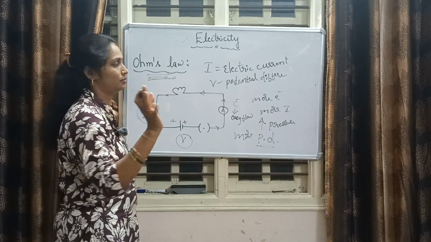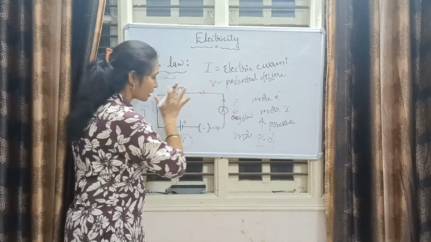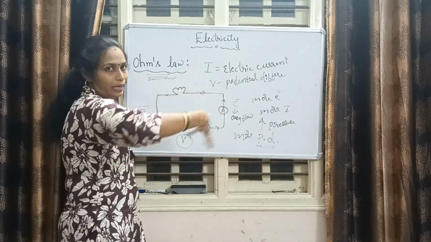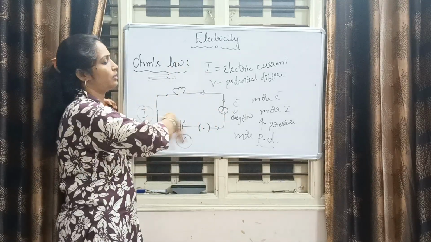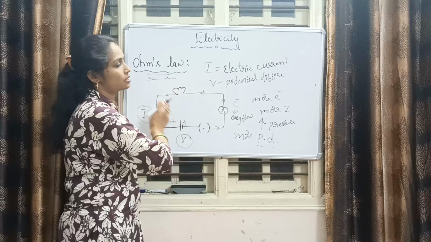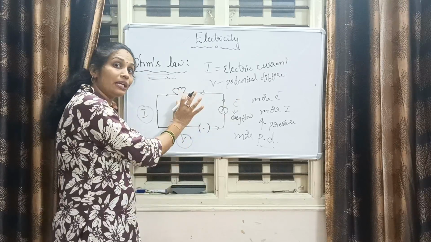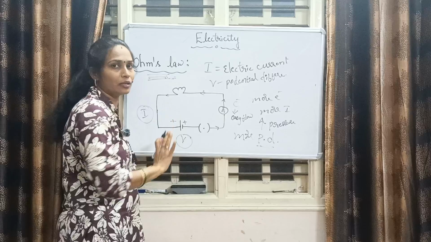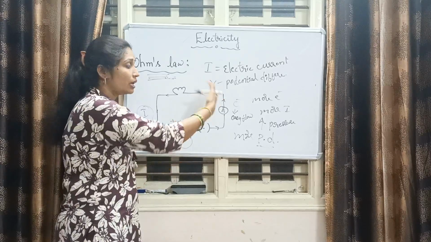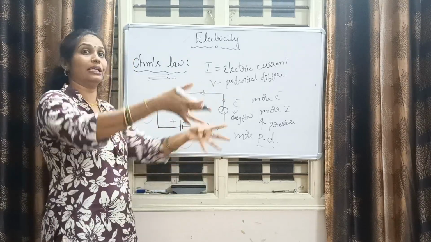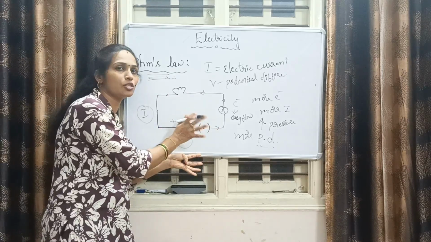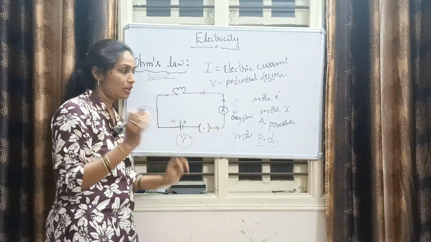What I am telling you, let me explain one more time. In a given circuit, if it liberates more electrons, definitely the current will be high. It means more current will get generated. Whenever the current increases, guys, definitely the pressure also increases.